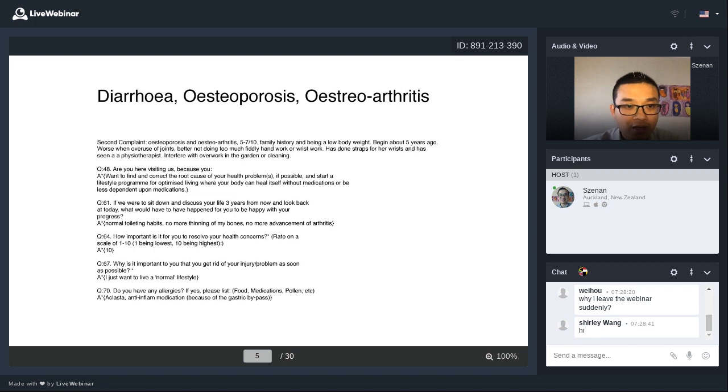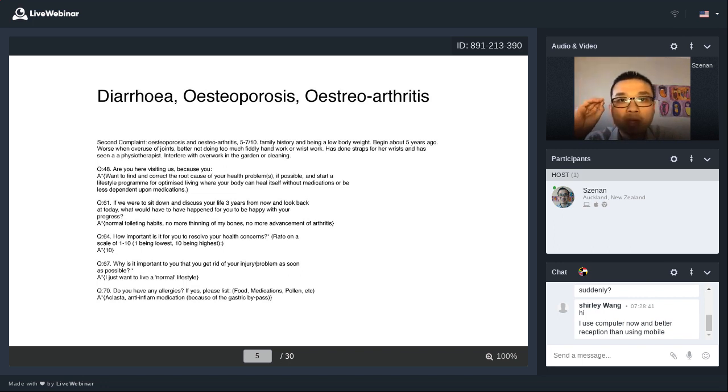Okay. Now, in our form, we actually ask the patient what they want. Are you here visiting us because you want to find out and correct the root cause of your health problem? That's what she wants. Okay, if possible, and start a lifestyle program for optimized living where your body can heal itself without medication or be less dependent upon medication. Now we have a few options for the patient to choose.